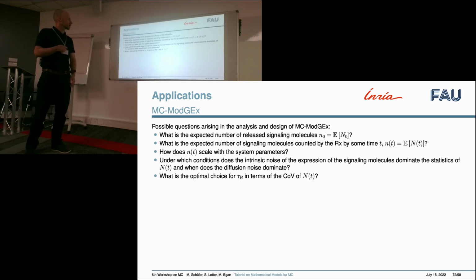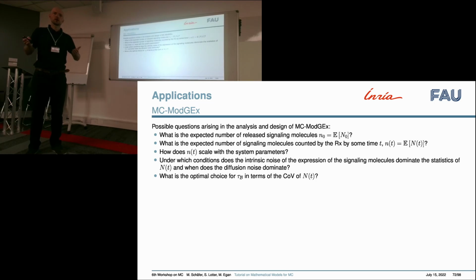And then finally, one very specific question that we could ask in terms of system design is: if we have some symbol interval, so some finite time t, what is the time in this symbol interval that we should reserve for the bacteria to produce signaling molecules, and equivalently, what is the time that we should reserve for the signaling molecules to diffuse within the symbol interval towards the receiver?